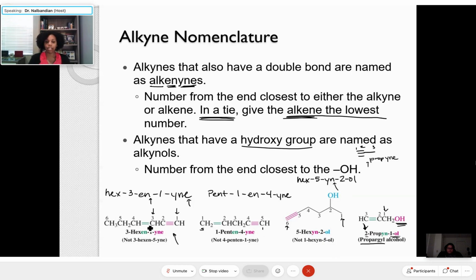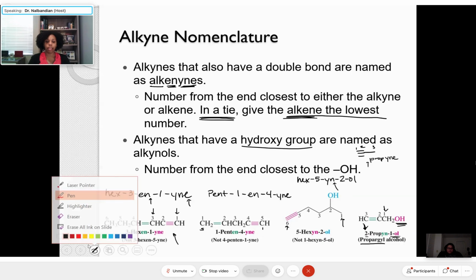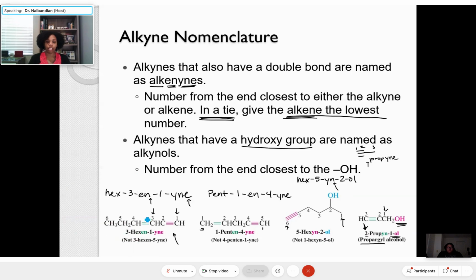Now, the last thing here is they didn't show you anything, but this alkene is 1,2-disubstituted, so you could do cis-trans, or you could do E/Z for this alkene. Here, this is monosubstituted, so we can't do cis-trans or E/Z for this.